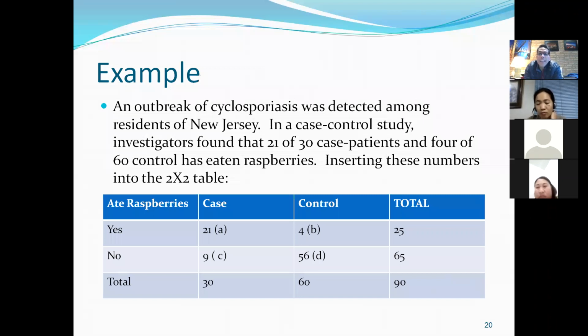That is why this is so important in epidemiological study: there's a finite number, and once you have determined the totals in your rows, the totals in your columns will always be exactly the same as your rows.